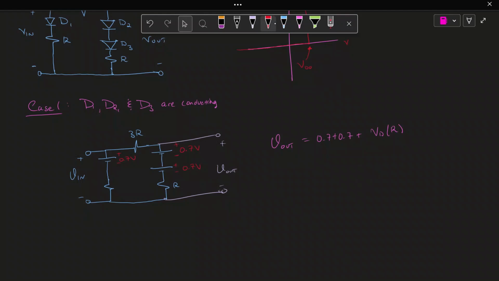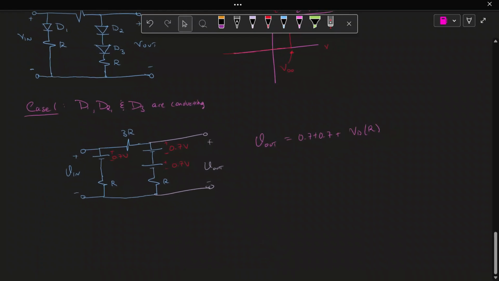This might be a little confusing for most, because it's definitely hard to see. Actually, there's only one way here: you take this big loop and try to find out what R is compared to V in. If you notice, this is a voltage divider. We have 3R up here and R right here.